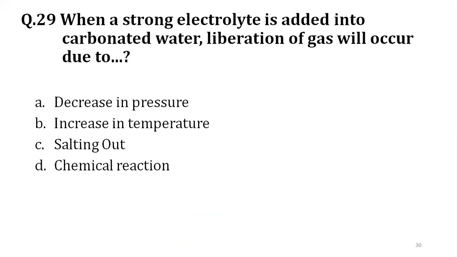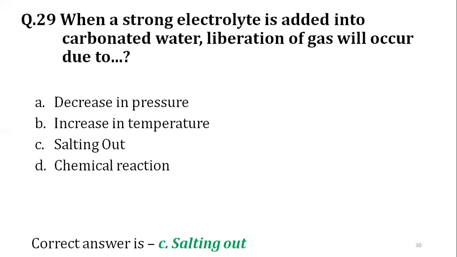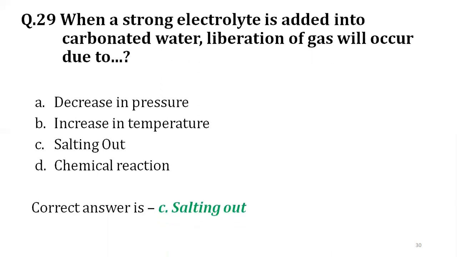Question number 29. When a strong electrolyte is added into carbonated water, liberation of gas will take place due to: option A, decrease in pressure; option B, increase in temperature; C, salting out; and D, chemical reaction. The correct answer is option C, salting out.